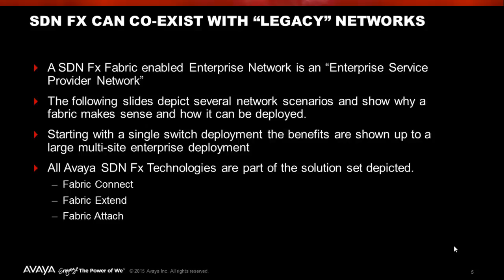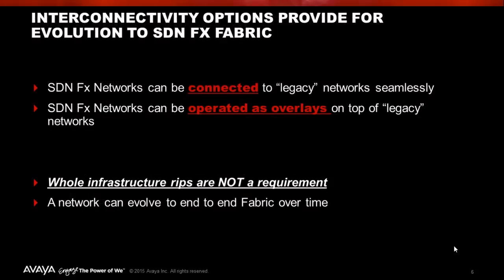And then finally, Fabric Attach, the ability for automatic attachment of end stations. And those may be IoT type components. So we're going to talk about these 3 technologies in various scopes. And as you're going to see, there's quite a broad palette of options that can be offered with just these 3 technologies.